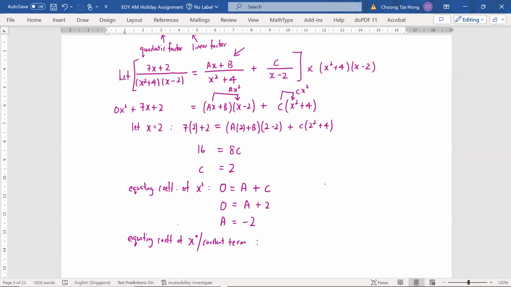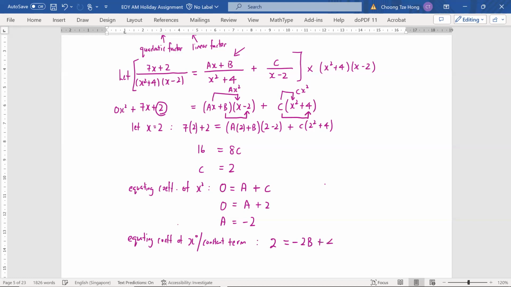So the constant term or x to the power 0 term will be this 2 over here on the left side. Then let's go and see one by one. Which one will give us constant term? Which will be this one. So it's minus 2b. Then over here, don't forget, there's also another constant term which is c times 4.